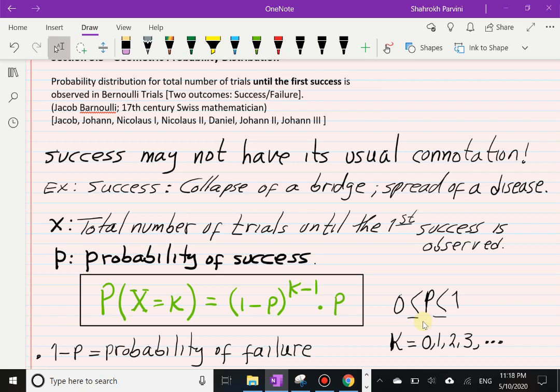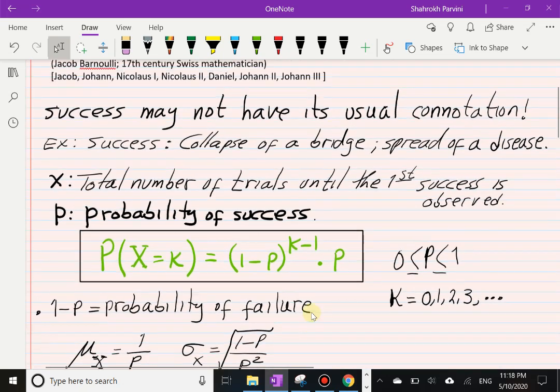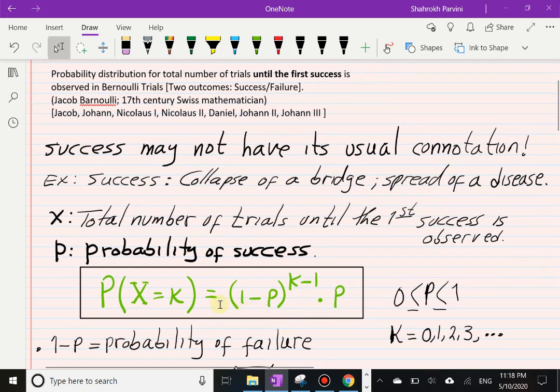X is a random variable. K is the value of the random variable. So the probability of X equal to K is equal to (1 minus P) to the K minus 1 power times P.